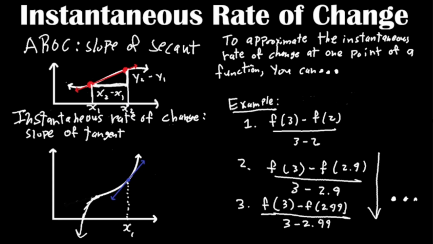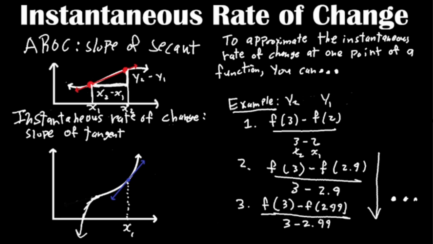Okay, so to approximate the instantaneous rate of change, you can use the average rate of change. So the formula for the average rate of change, as we saw in the last slide, is your y2 minus your y1 over your x2 minus your x1. Or these are your function value 2 minus function value 1 over x2 minus x1.